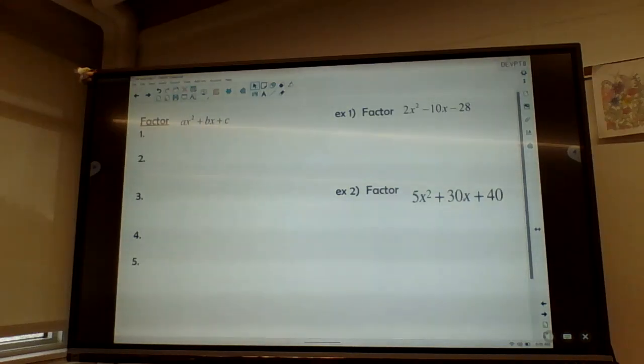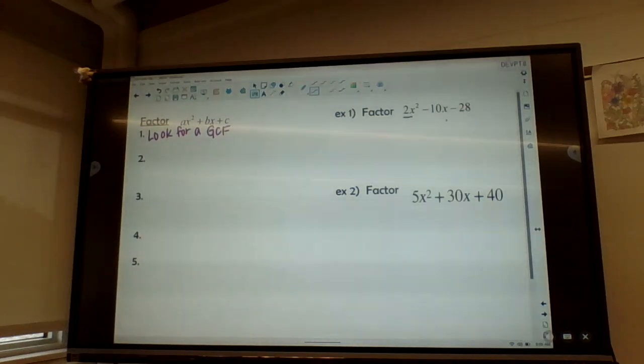Okay, so our first step on this is we're going to want to see if we can take out a GCF. So we're going to look for our greatest common factor of all three terms.